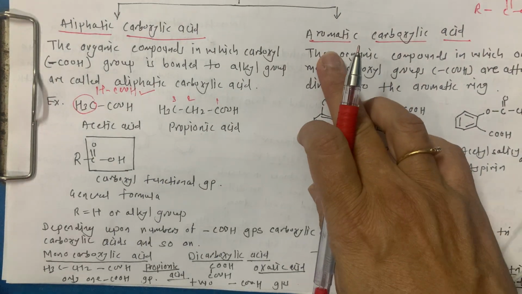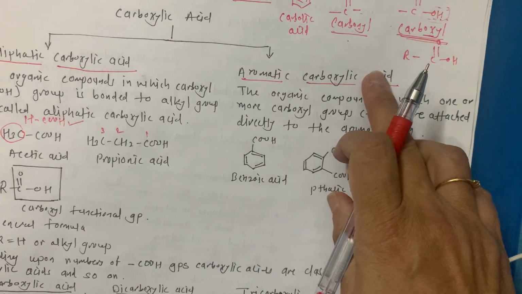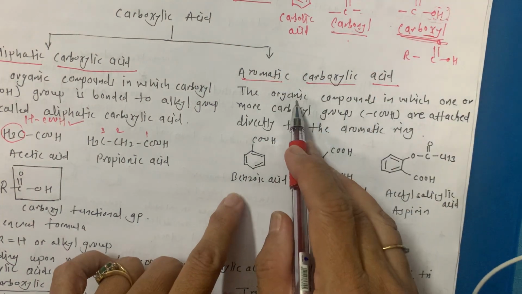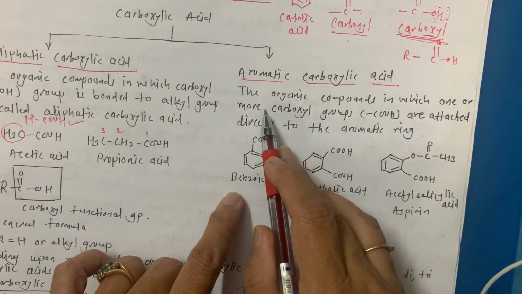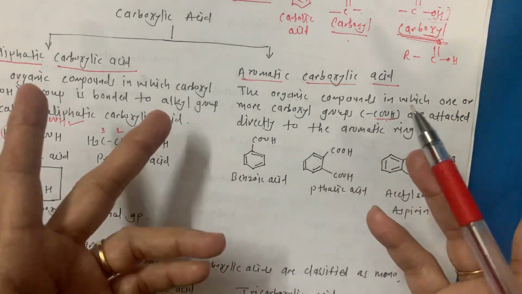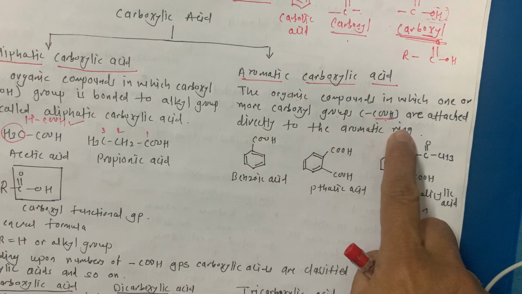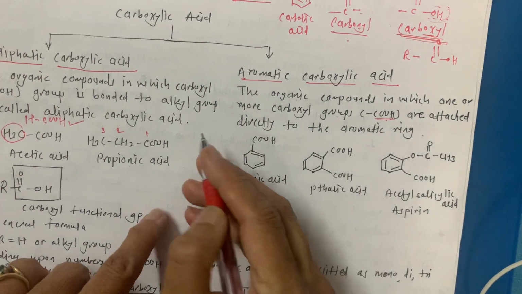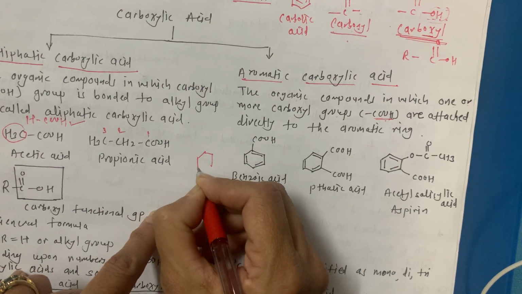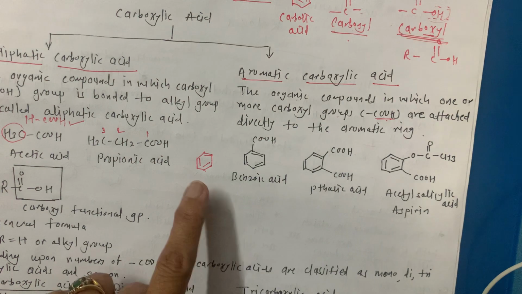Now another part, just like aldehydes and ketones, that is aromatic carboxylic acid. The organic compounds in which one or more carboxyl groups, it may be 1 or 2, are attached directly to the aromatic ring. We know that our aromatic ring is nothing but the benzene ring.